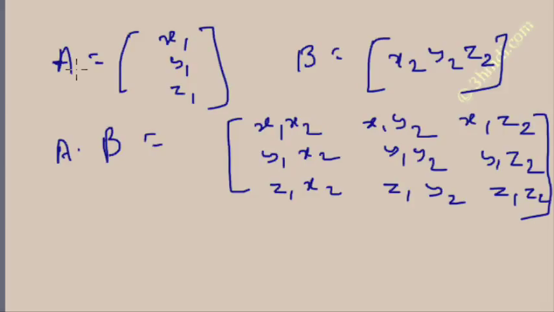Multiplying A and B, you will get x1x2, x1y2, x1z2, and similarly the rest of the matrix. So check whether the determinant is 0 or not.